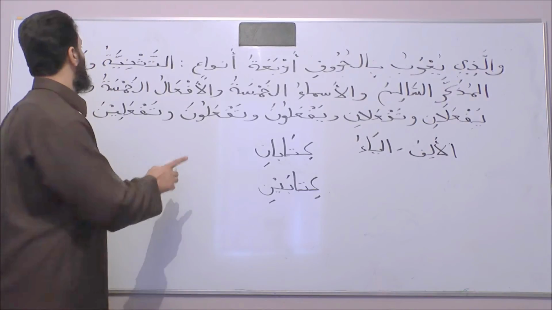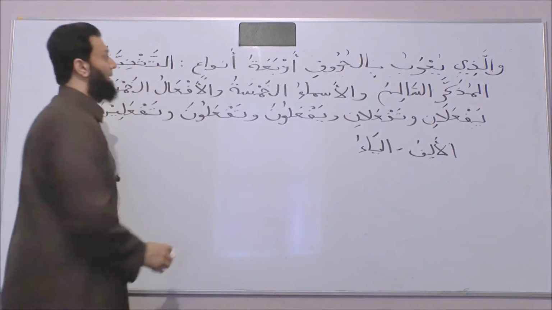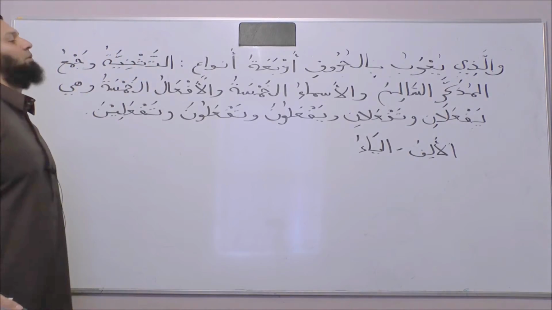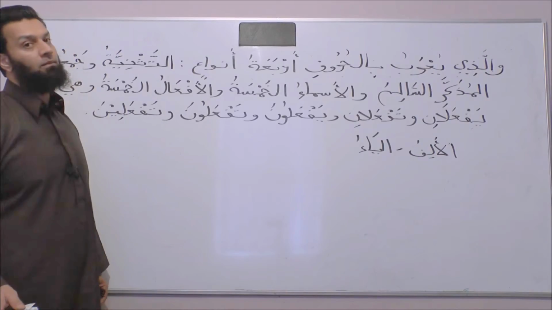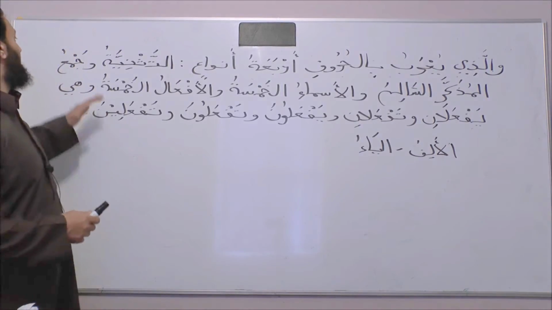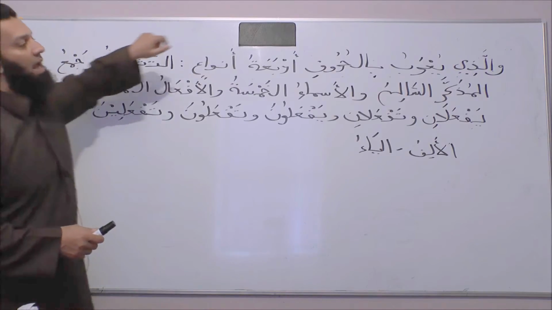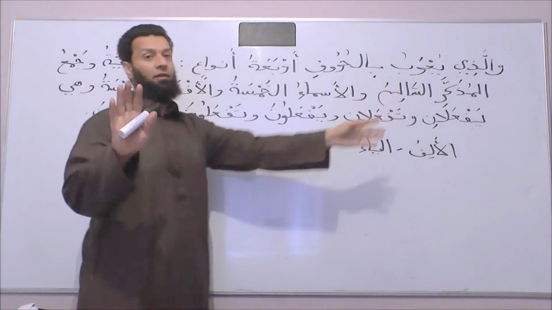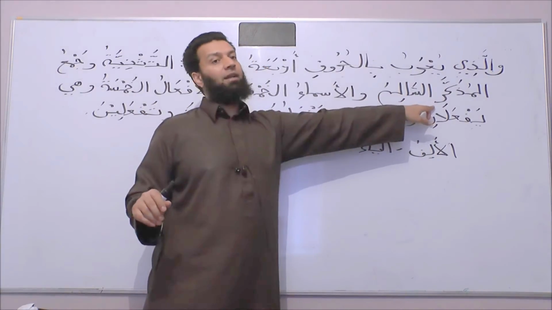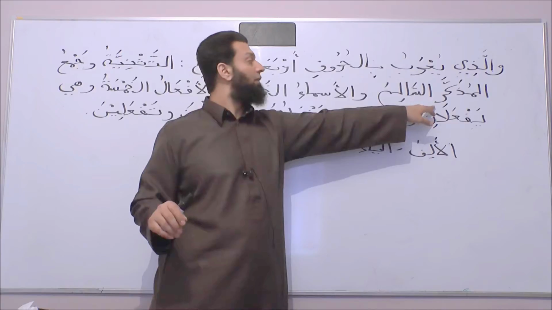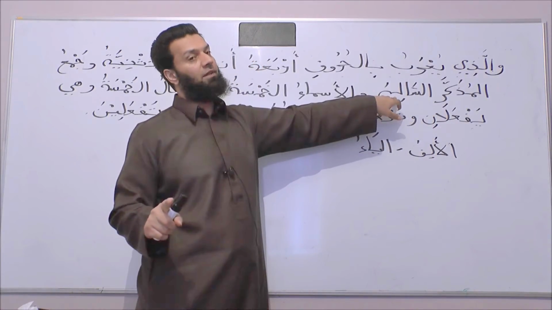Now we have at-tathniyah, then we have jam'u al-mudhakkari as-salim. Note that jam'u al-mudhakkari is an idafah, that's why we have a kasra on the kaf. But as-salim is what?